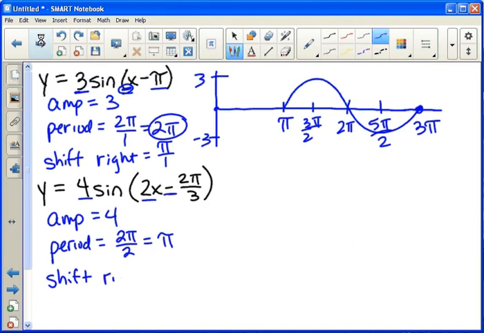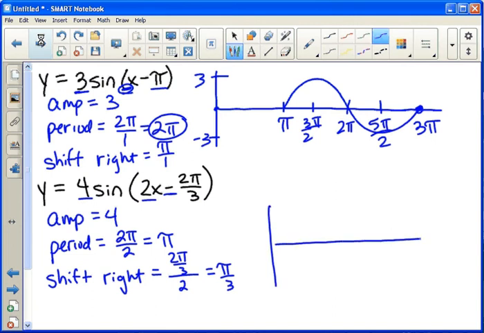And we do c, 2 pi over 3, over b, which is 2. And when you work that out, you just get pi over 3. So we shift to the right, pi over 3. So as I draw this, instead of starting at 0, I start at pi over 3. My period this time is just 1 pi.